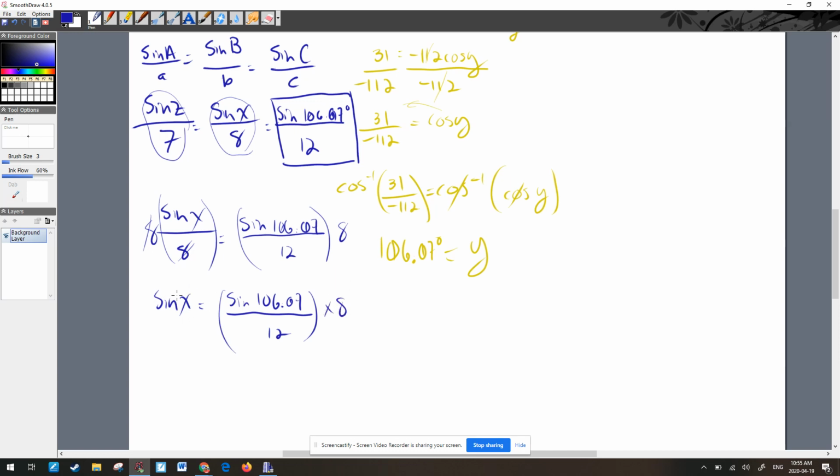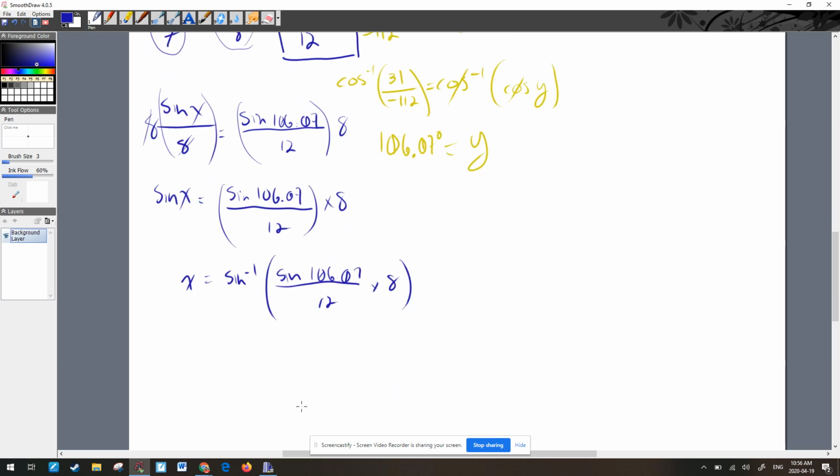Most of the way there. Right now, x is just being signed. So the opposite operation of the sine of x is the sine inverse of x. So we're going to do that. So we're going to have that x is equal to the sine inverse of all of this stuff. So the sine of 106.07 divided by 12 all times 8.